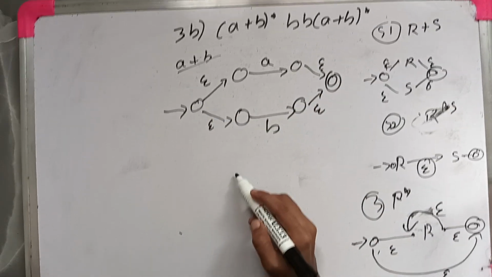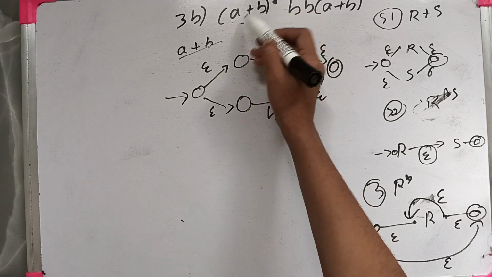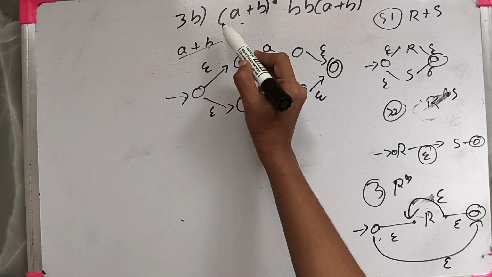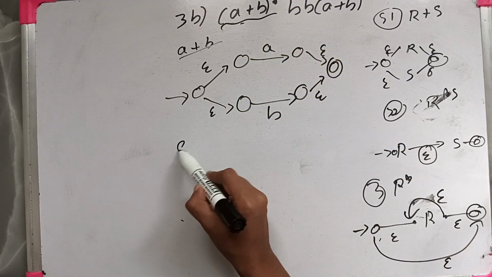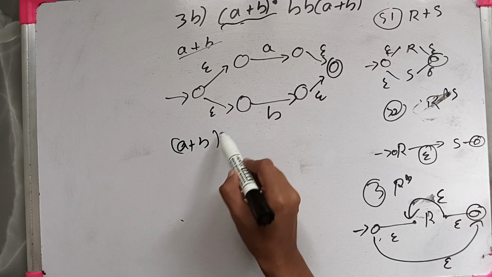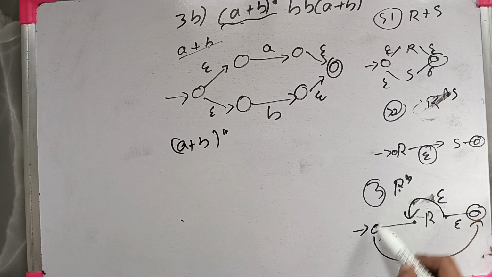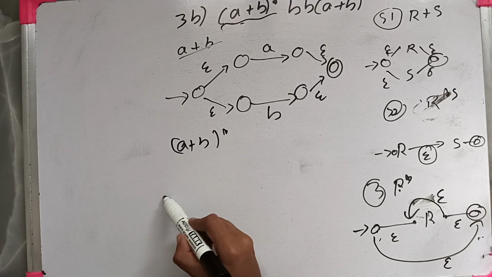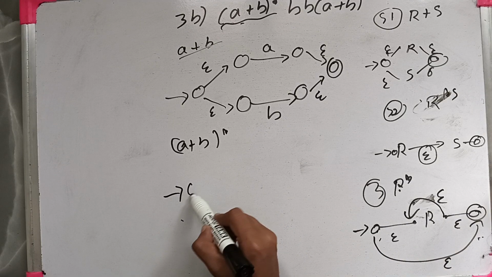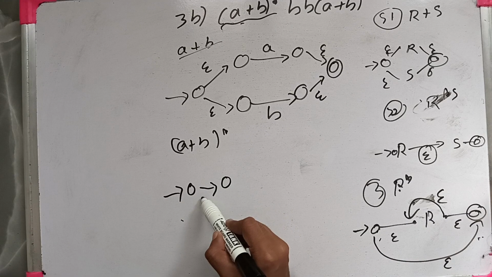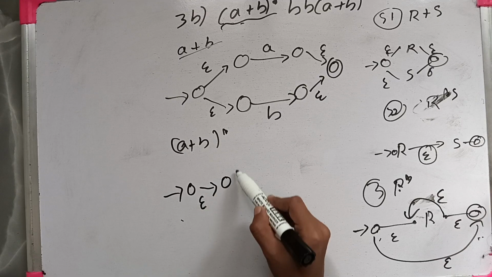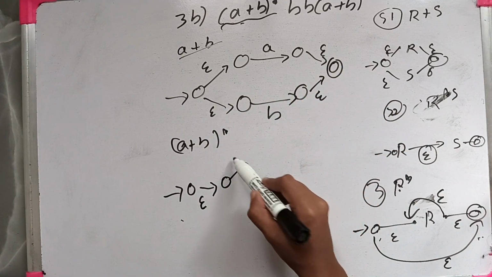Next, a + b whole star, take this much. If the whole star comes, then we need to introduce a new start state and a new final state. Here I introduce a new start state with the help of epsilon, and the same a + b here.